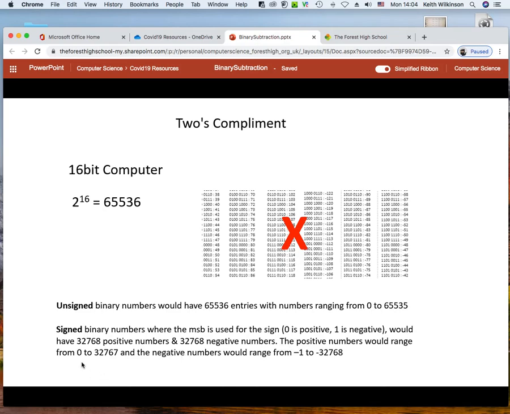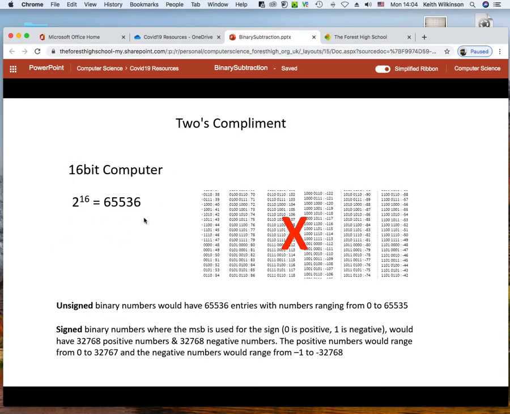The positive numbers would range from 0 to 32,767, and the negative ones would range from -1 to -32,768. If you don't understand where I've got these numbers from, go back, have a look at the simpler version with 3, 4 or even 8-bit computers. I am not going to be doing 16-bit calculations.